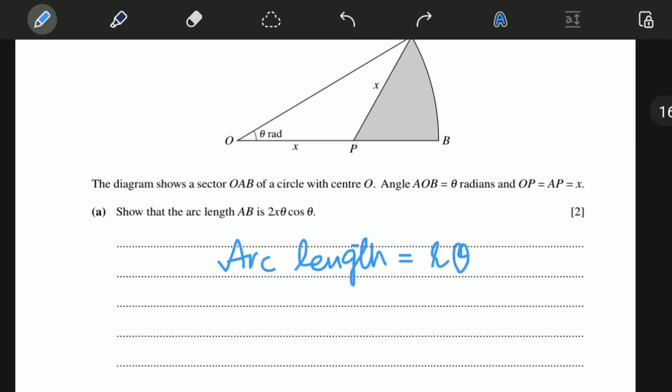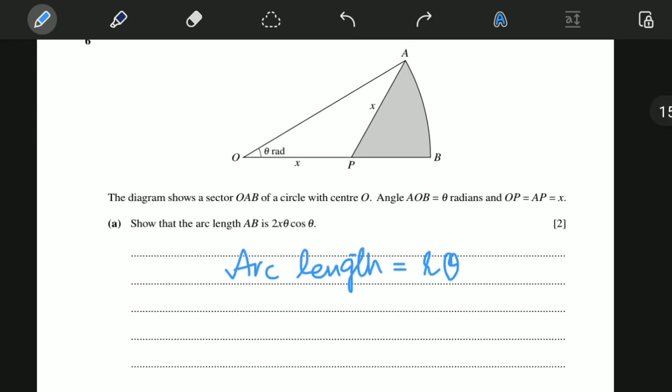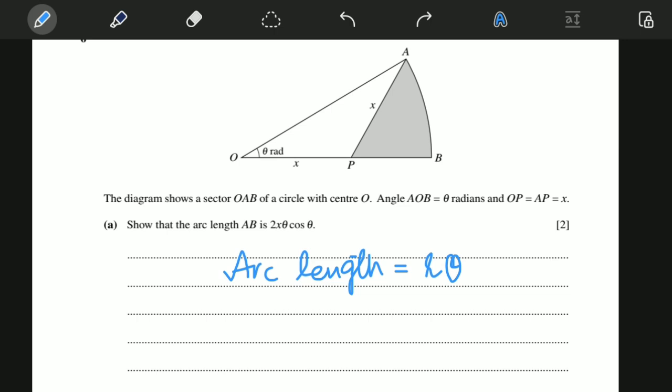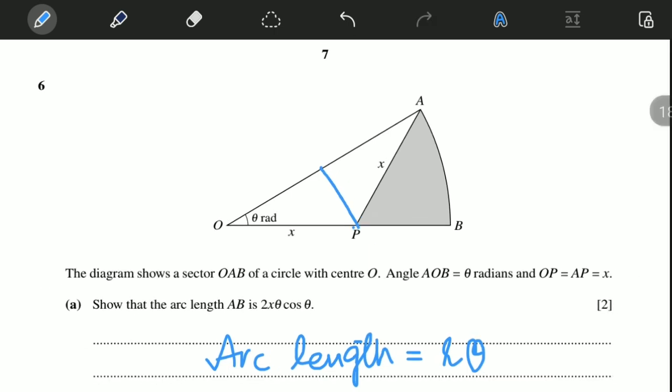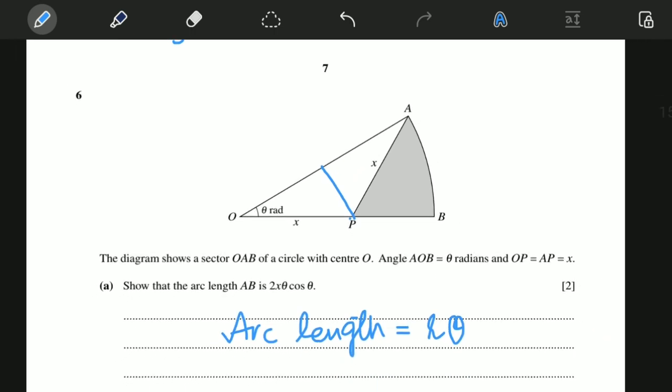There are multiple ways of doing it, but what we suggest is do like this. If we draw a perpendicular from P to OA, we get this into two equal parts. Let's call it point S. So OS is equal to AS.